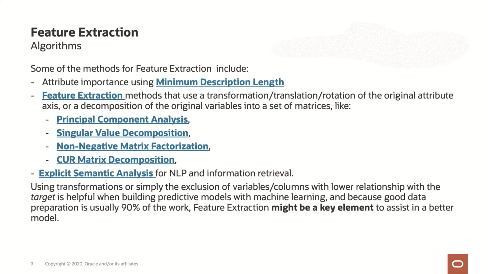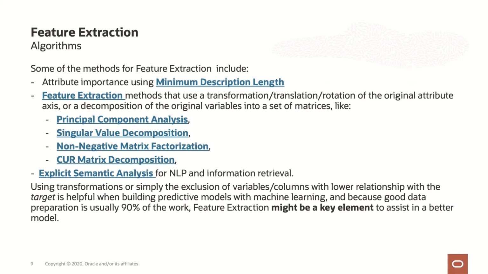So in terms of the algorithms, some of the methods that are included here, and again, this is not a complete list, right? There are lots of different methods. These are some of the ones that we talk about and that we include with Oracle Machine Learning.